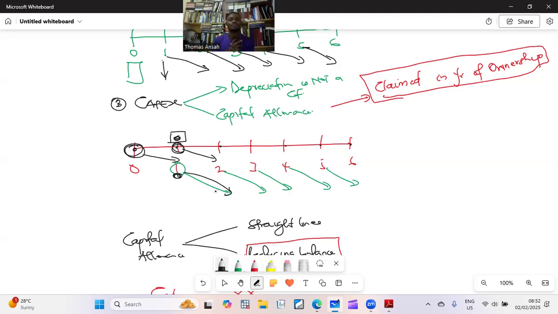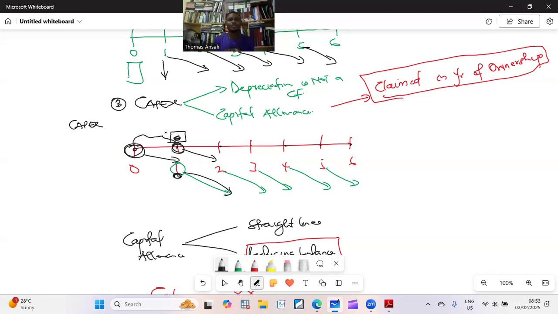Have you seen that? But if the question says that the asset was bought at the end of the previous year, the moment you see at the end, because the capex is between these two timings.